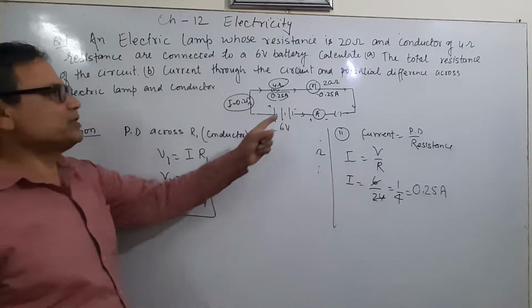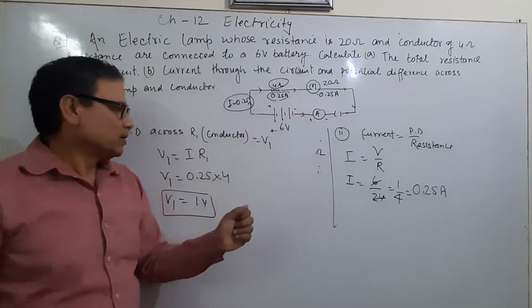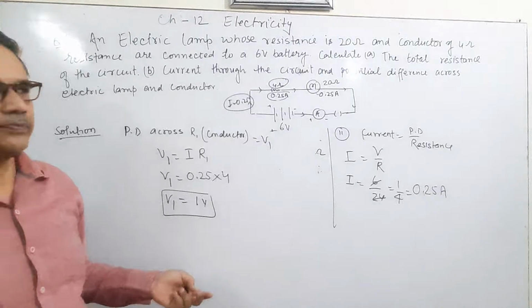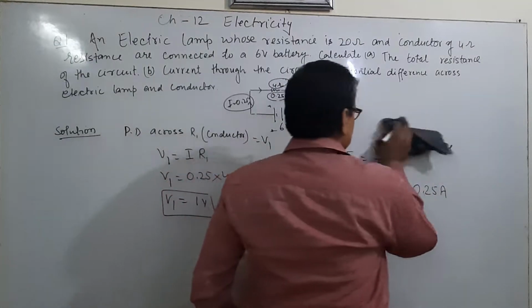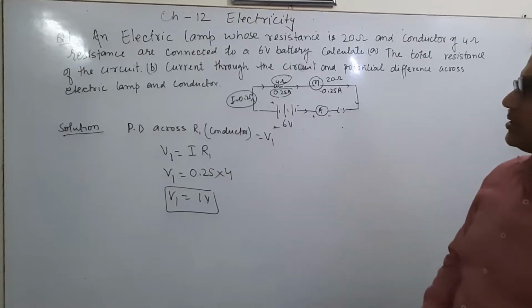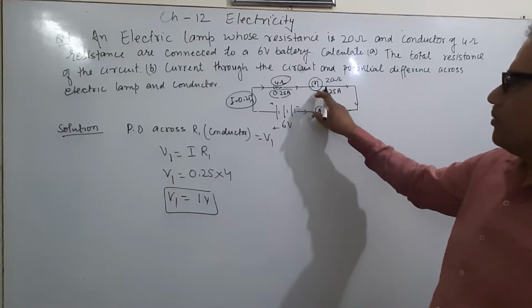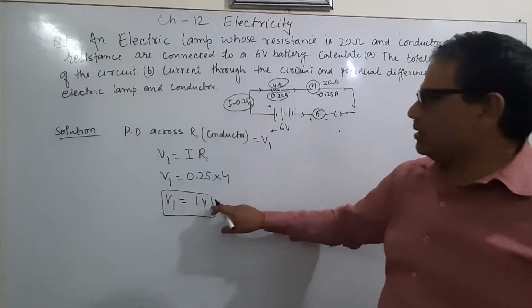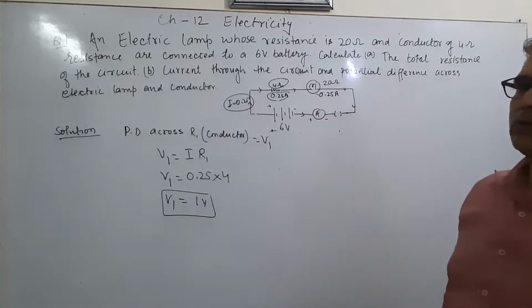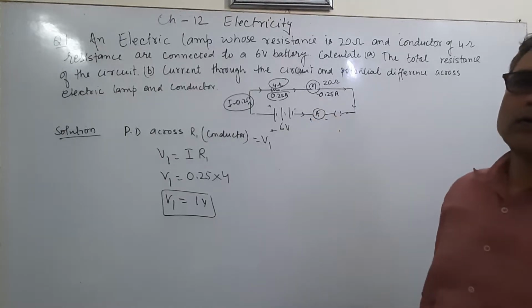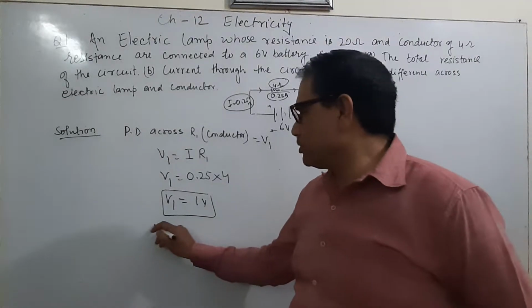And the potential difference across the bulb: the total potential difference is 6, minus 1 is 5, we can subtract. That is the second method; we can calculate the potential difference across the bulb directly.